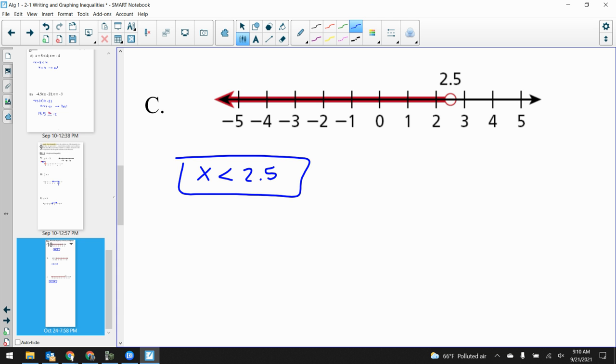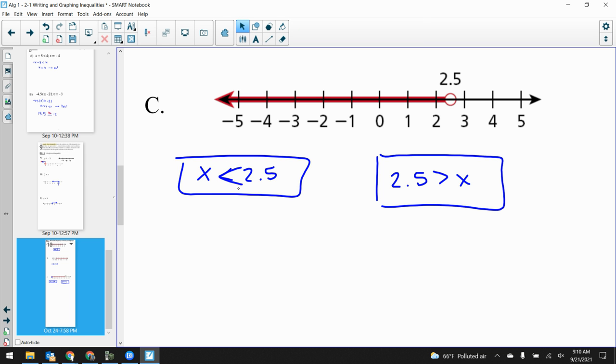This is also an equivalent statement: 2.5 is greater than x. If you flip the position, you must also flip the symbol. That's why I like the variable on the left, because the symbol is going to match the arrow pointing.